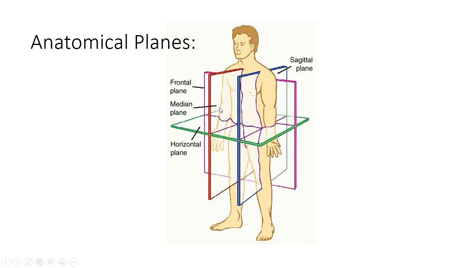That's when the plane runs directly down the middle of the body. When it's on the right or left, it is referred to as the sagittal plane that divides the body or the organ into right or left sides.